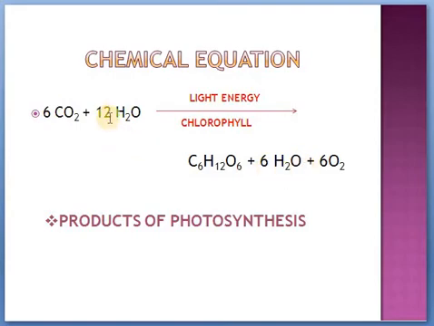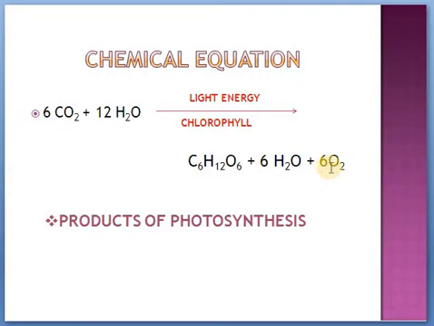Don't think that we can write only 6 here, that will go wrong, because all these 12 molecules will be used up and again 6 molecules are released out as a byproduct. It's not excess, it is a byproduct. So there is a difference between excess and byproduct. So you have to write 12 molecules of water in the reactant column. In the product column you have to write 6 molecules of water.